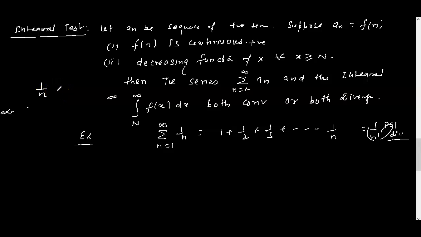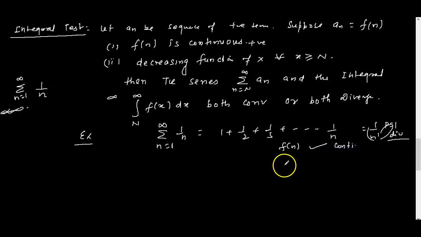But the question says n equal to 1 to infinity, so you do not have to think about 0. From 1 to infinity, whatever value you put, you will never get a discontinuity: 1 by 2, 1 by 3, 1 by 1000. So we know that f of n is continuous.